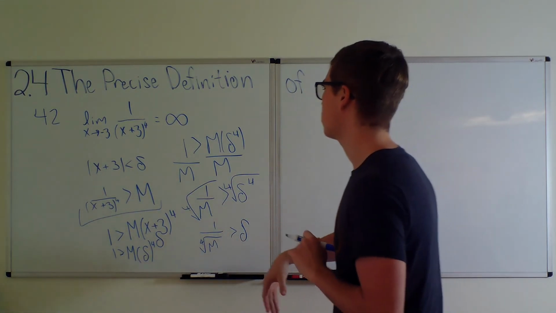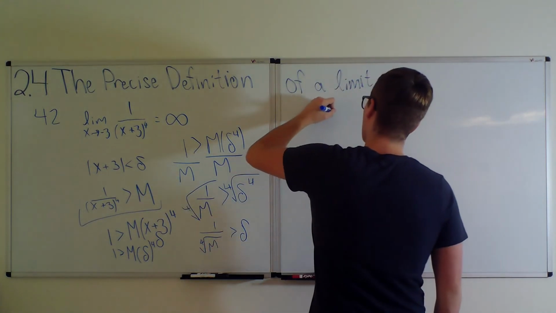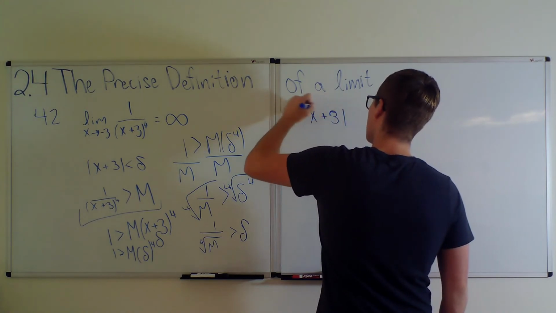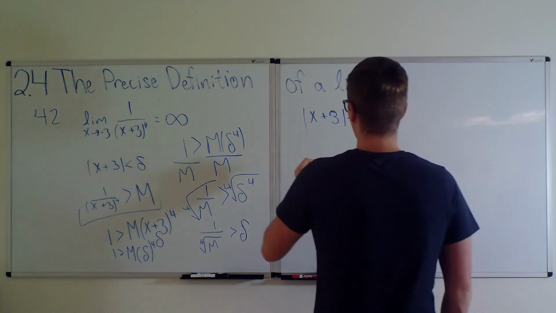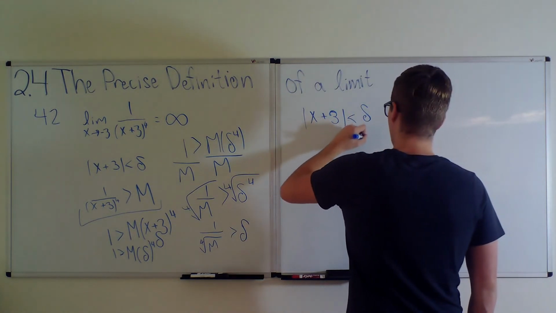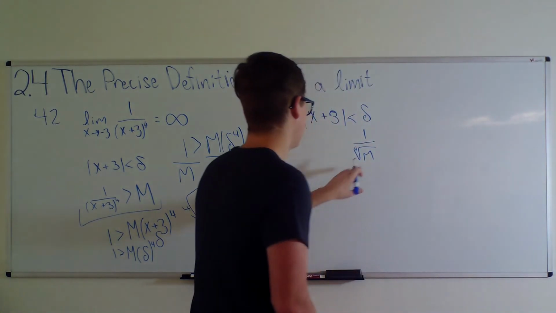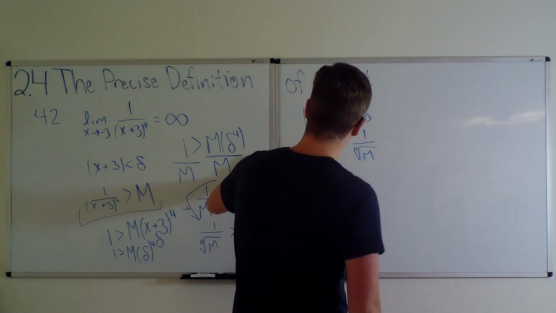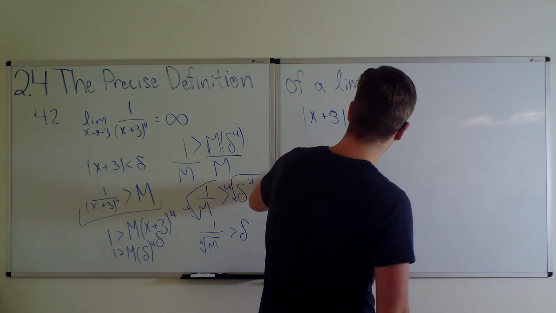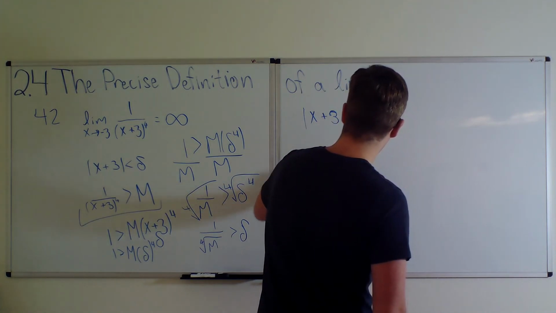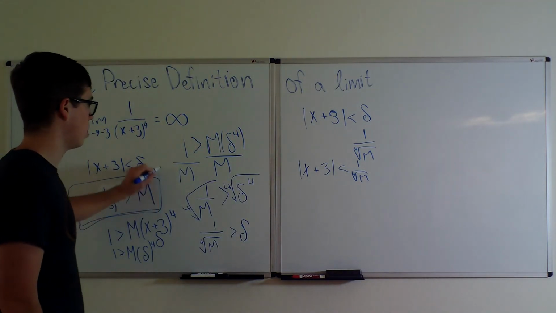So now what we do, we plug this back into our formulas. So we have |x + 3| less than delta, right? And then we replace delta with 1 over the fourth root of M, or whatever that is. So then you have |x + 3| is less than 1 over that. So now we want to get it back to this, right?